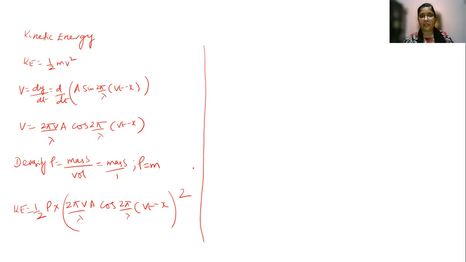So what would our equation for kinetic energy now become? Kinetic energy is equal to half rho. I'm squaring this, so that would become 4 pi square v square a square by lambda square, into cos square 2 pi by lambda (vt minus x). Obviously, this 2 will get cancelled with this.